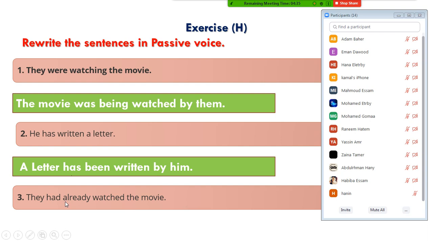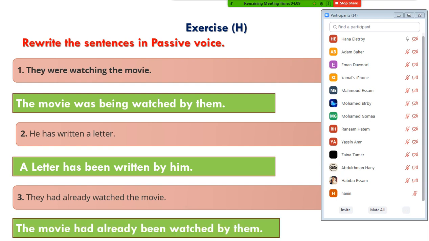So here we have to use had. The movie has been already watched by them. Has been or had been? Had. Yes, that's right. The movie had already been watched by them.